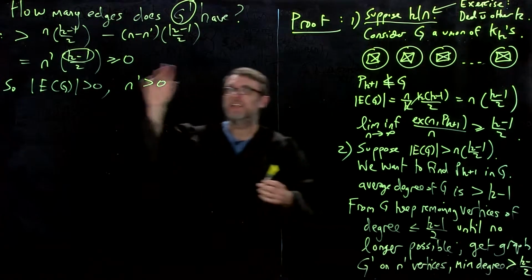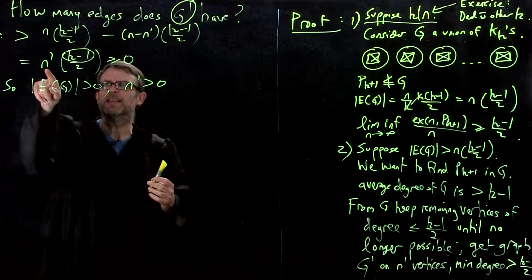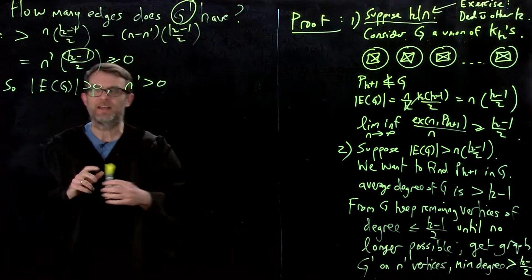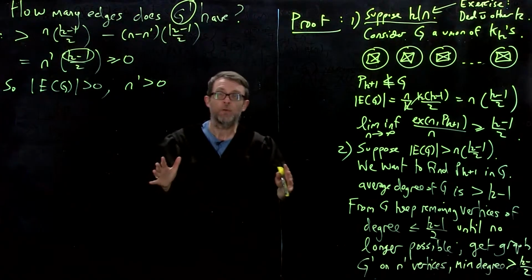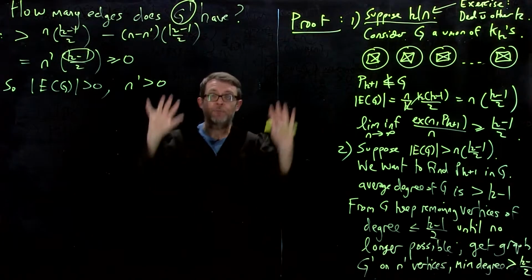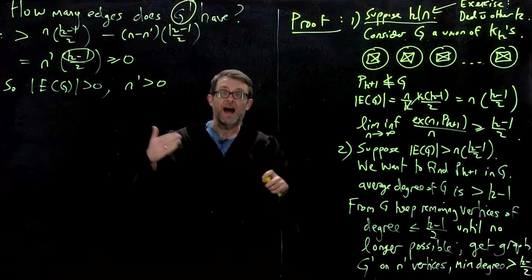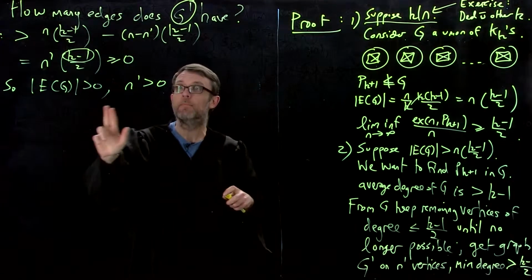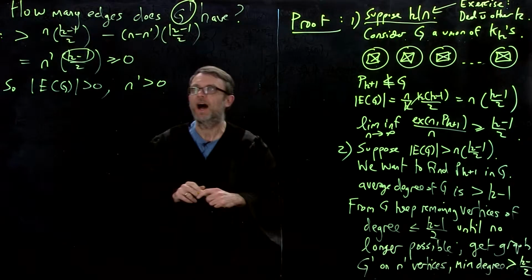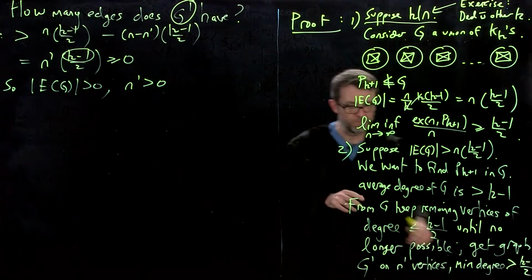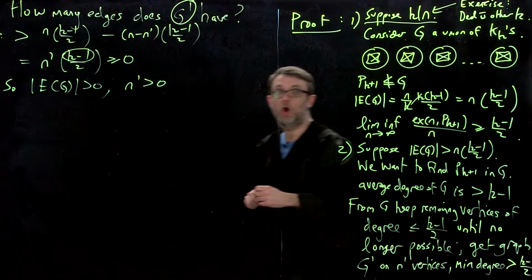Why? Because now the number of edges of G prime is at least n prime times k minus 1 over 2. So I still have the property that the average degree is very high, but now I have even more. I have the property that the minimum degree is fairly high because I have deleted all the vertices which have low degree.